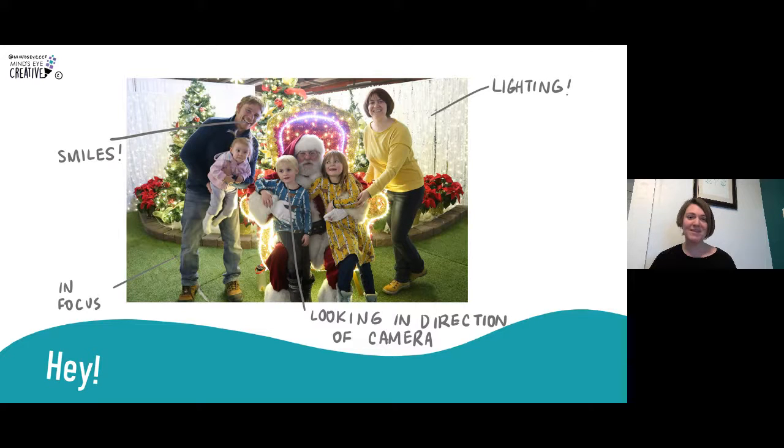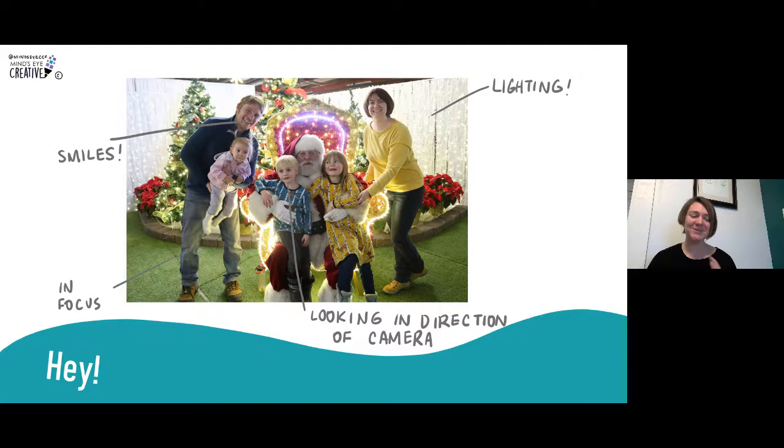So for me, this was a 2019 photo of my family, not 2020, but this was our Christmas photo. You can see it's pretty good. It's in focus. Mostly everybody's looking, well, everyone's looking in the direction of the camera, maybe not at the actual camera, but in the direction. That was pretty positive. Everyone's smiling. We've got great lighting. It's a pretty good picture. That's the best that I think we could have pulled off that day.